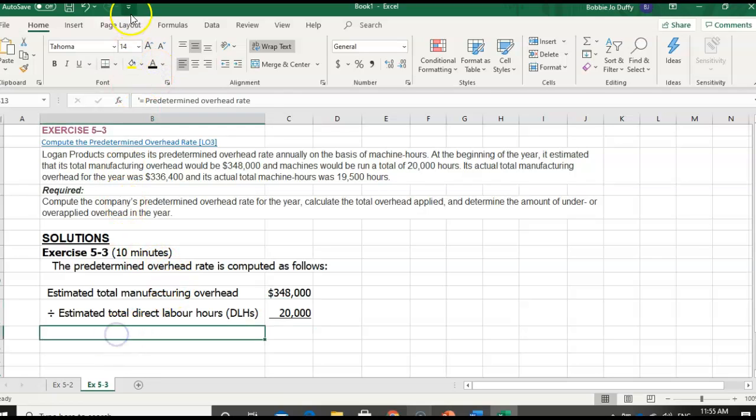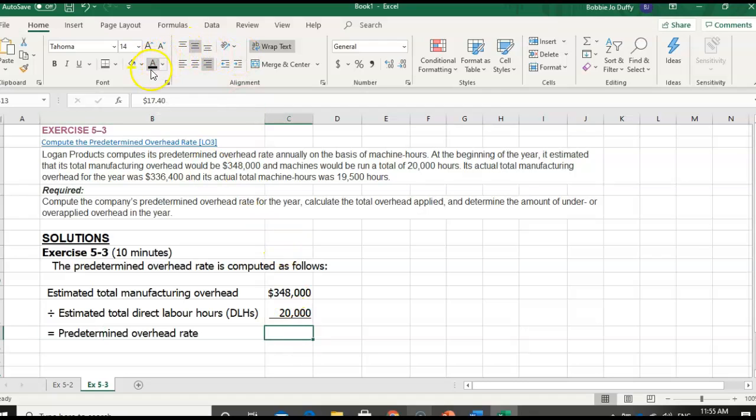So our predetermined overhead rate is $17.40 per machine hour. So remember that as well.